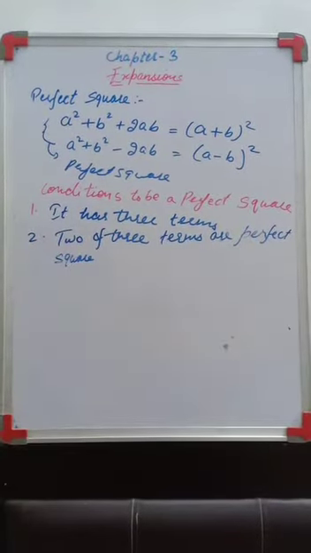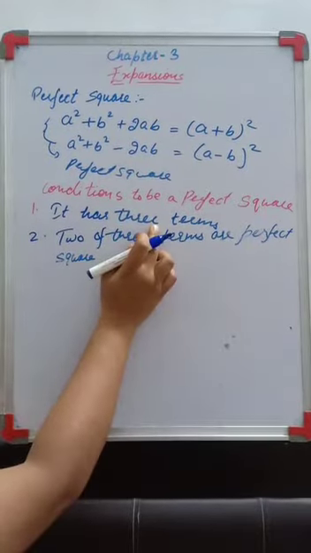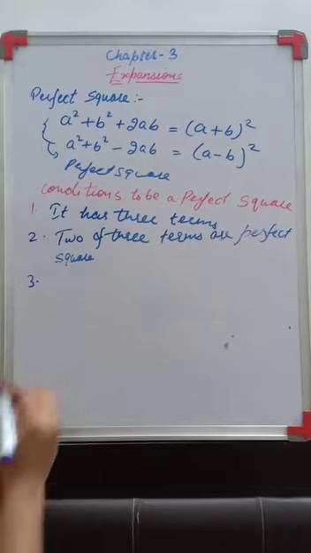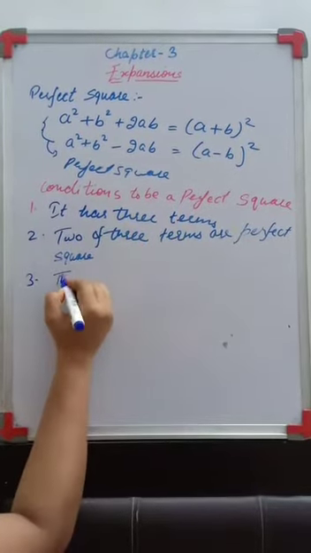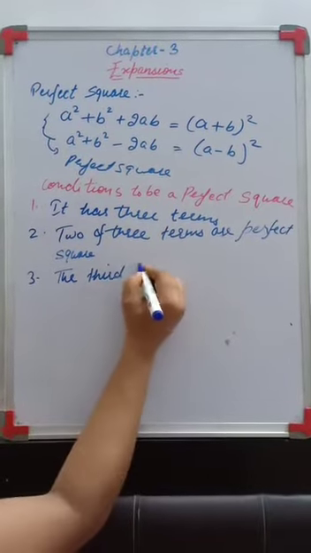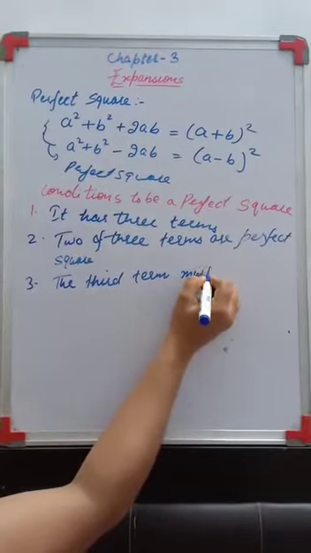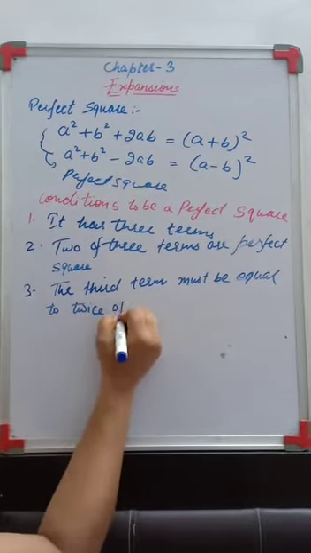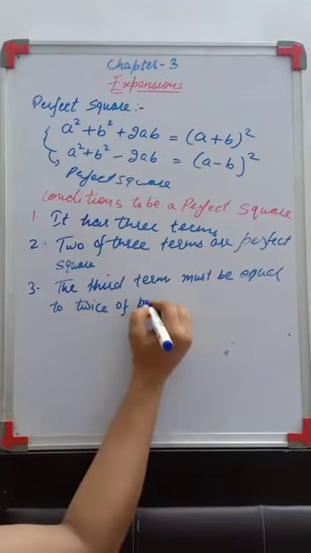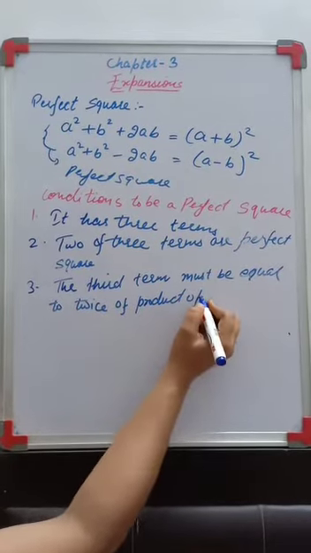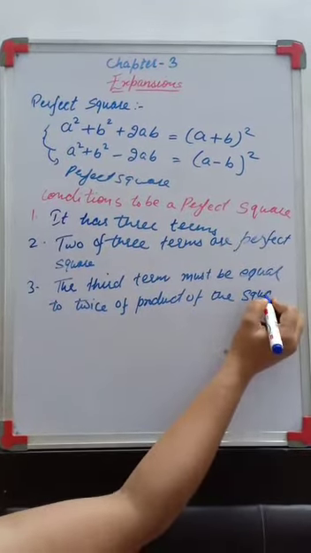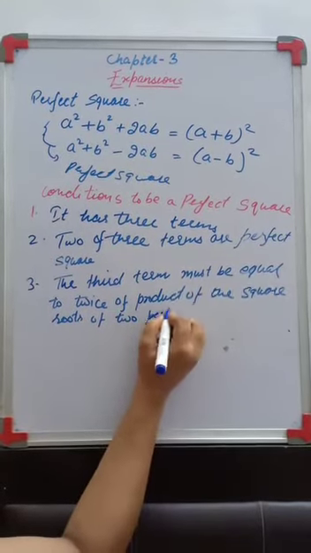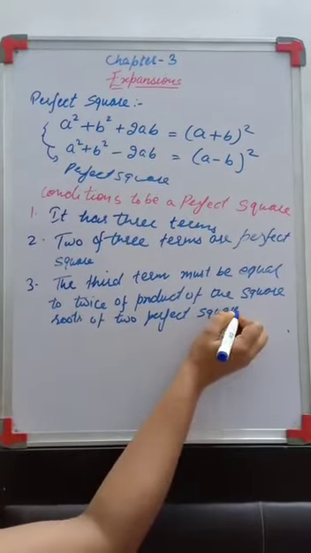See, the first condition is that it has three terms. Out of these three terms, any two must be perfect squares. And the third condition is that, now that two are perfect squares, the remaining third term must be equal to twice the product of the square roots of the two perfect squares.